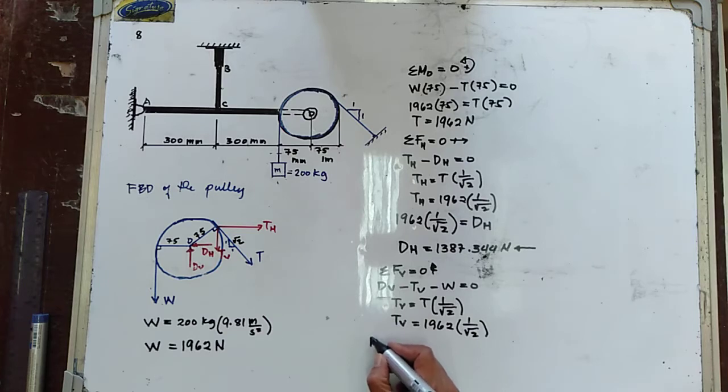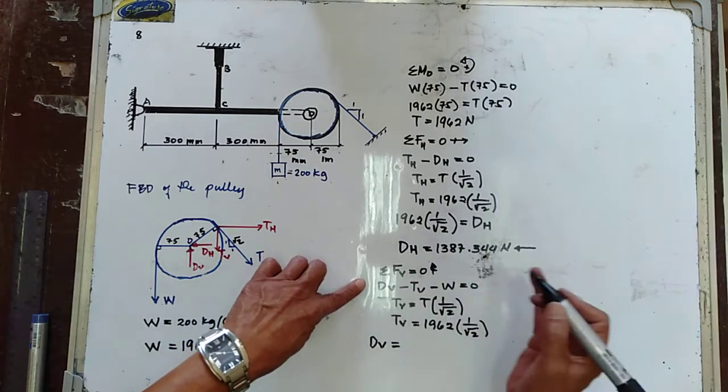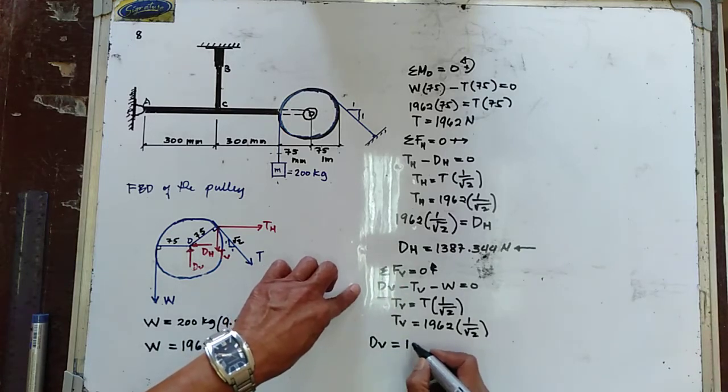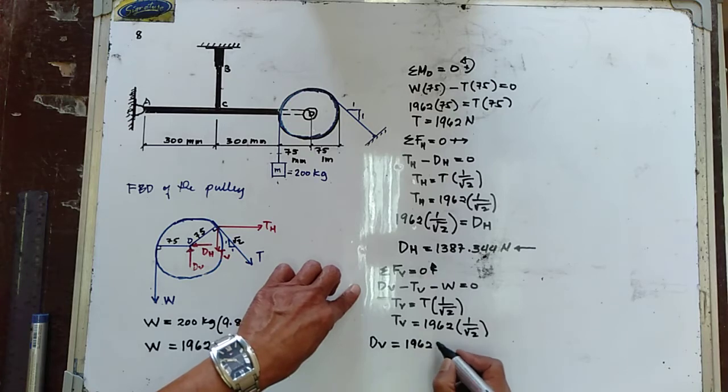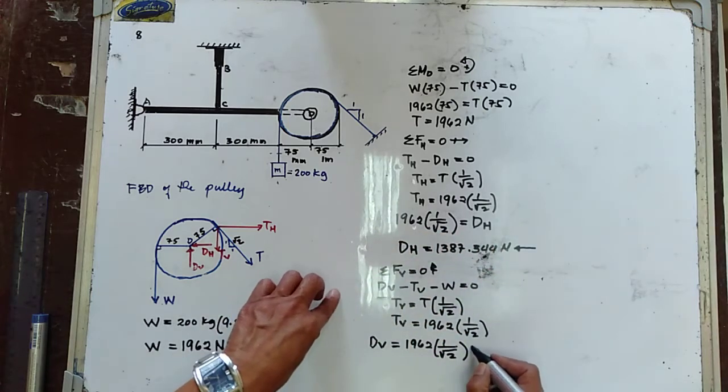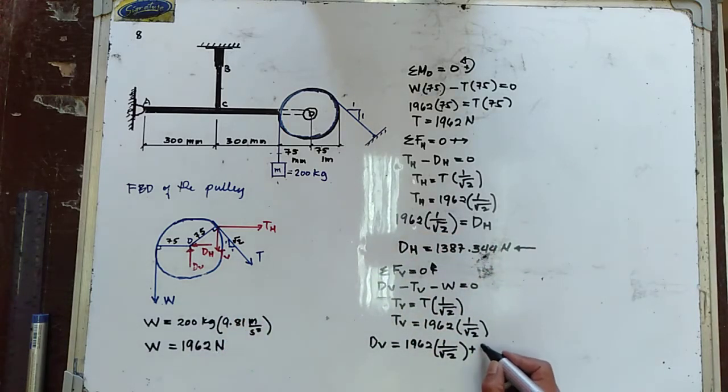So your D vertical is equal to, transposing to the other side of the equation, your T vertical, 1962 times 1 over the square root of 2, plus W, 1962.